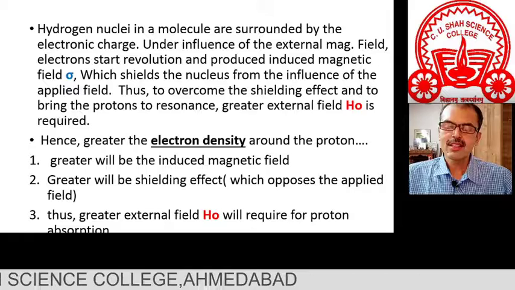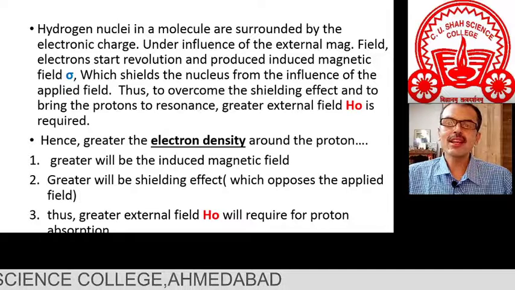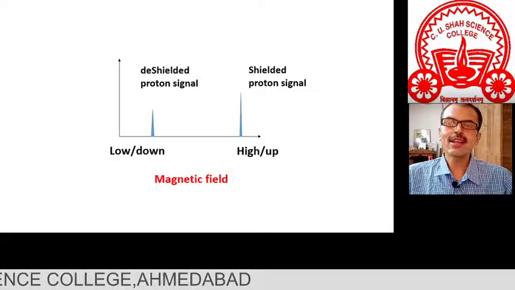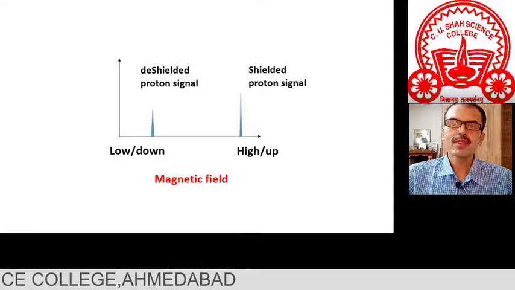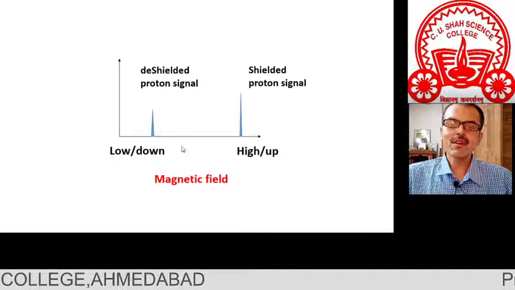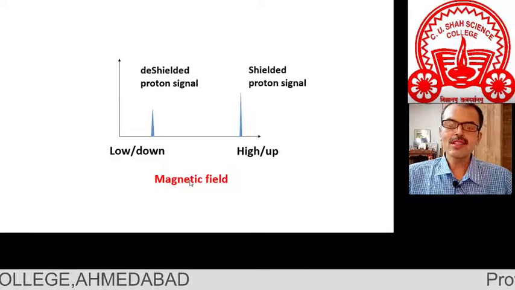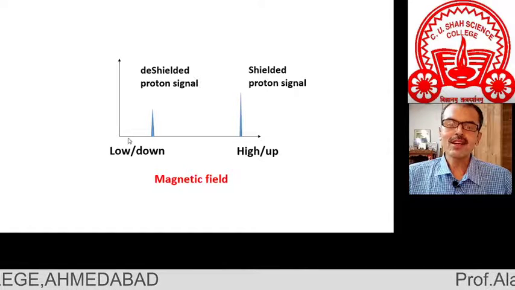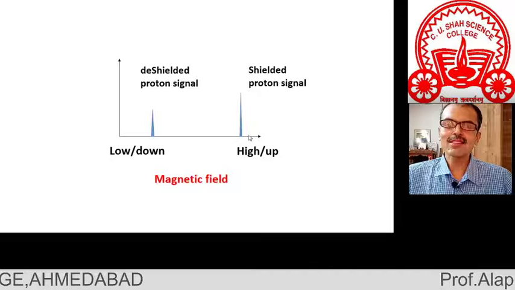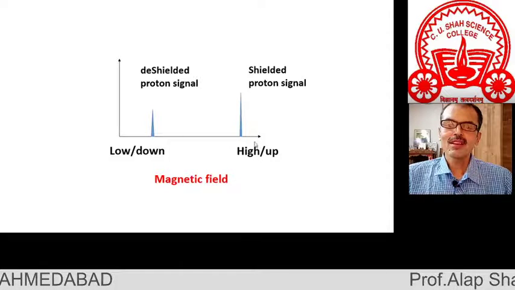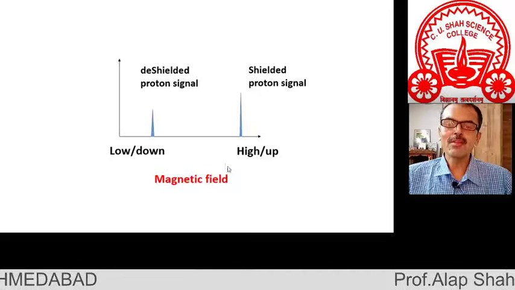Before that, I insist you should clearly understand high field or upfield and low field or downfield. This is a rough schematic diagram of NMR. On this axis we are taking magnetic field. The magnetic field increases along the x-axis, so as you move from the right side, the magnetic field's value will be more.